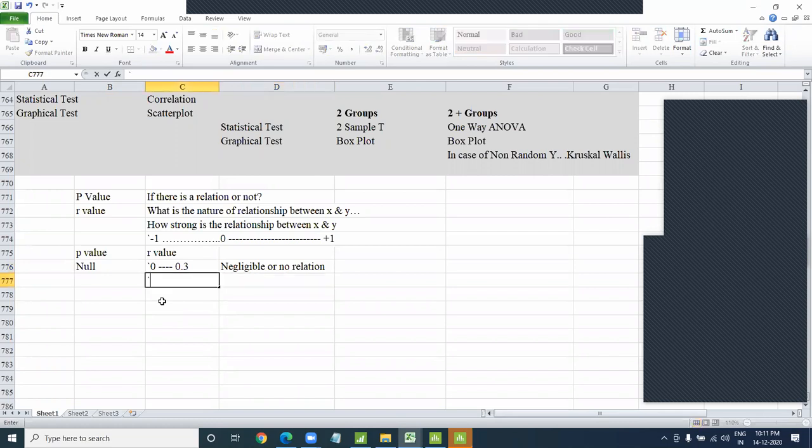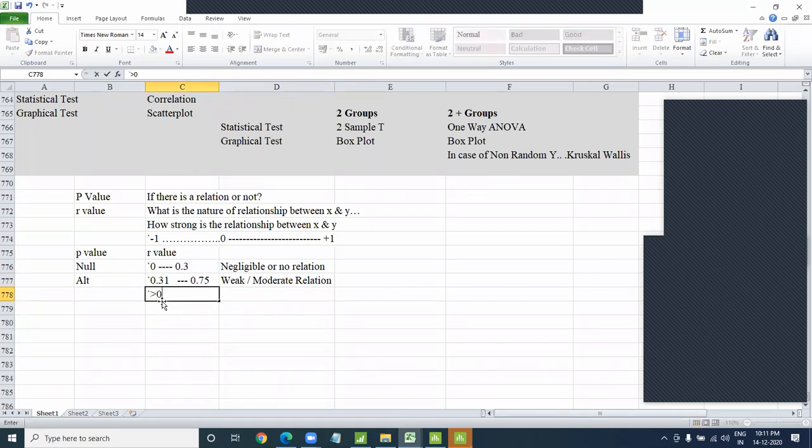When your R value ranges between 0.31 and 0.75, you'll say there is a weak or moderate relationship. And here you will always get an alternate. These are sort of interlinked.